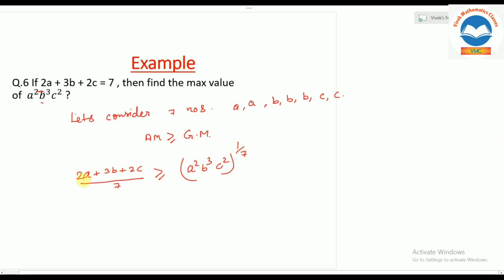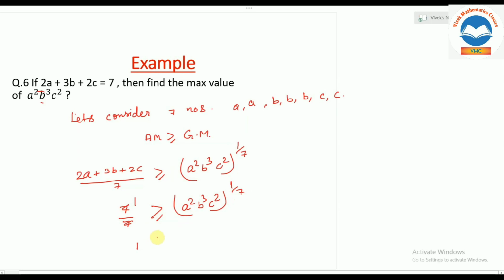This value 2a plus 3b plus 2c we have given as 7. Write down here: 7 divided by 7 will be greater than or equal to (a squared b cubed c squared) to the power 1 by 7. This side you will get 1. If you raise both sides to the power 7, 1 to the power anything will be the same.